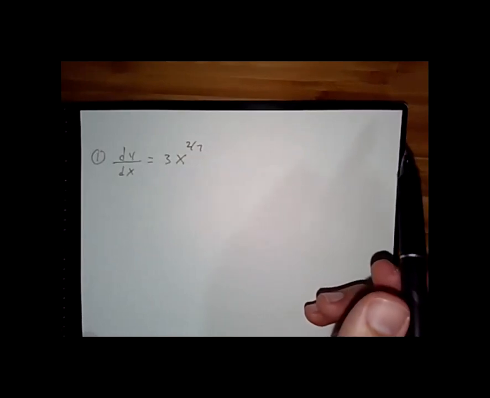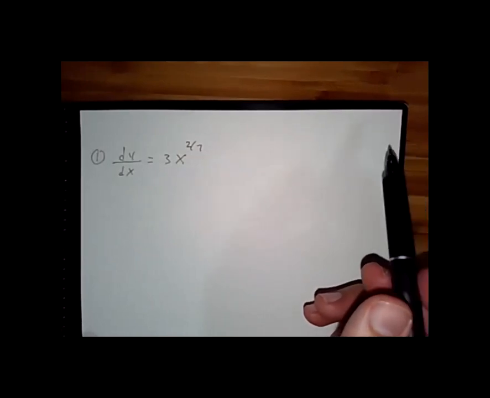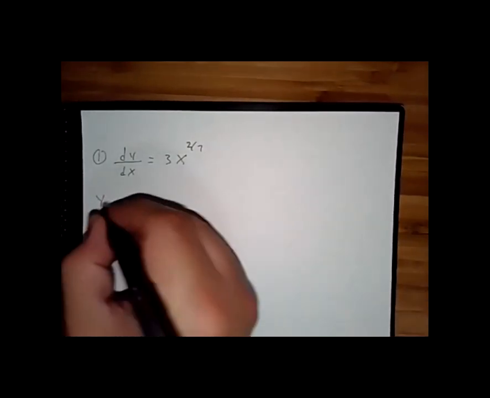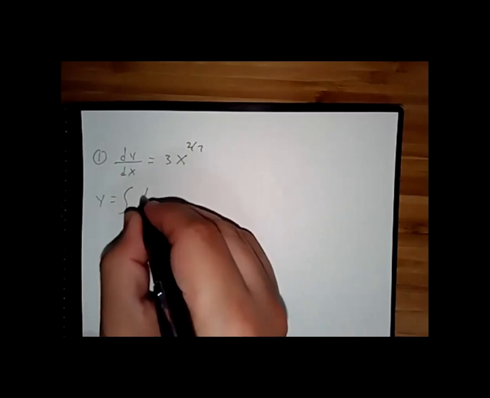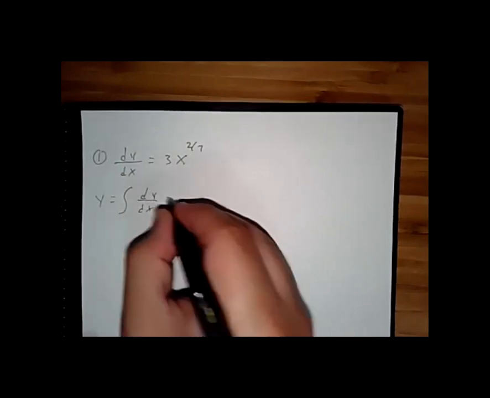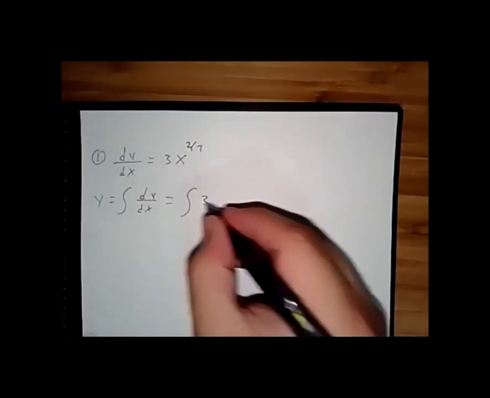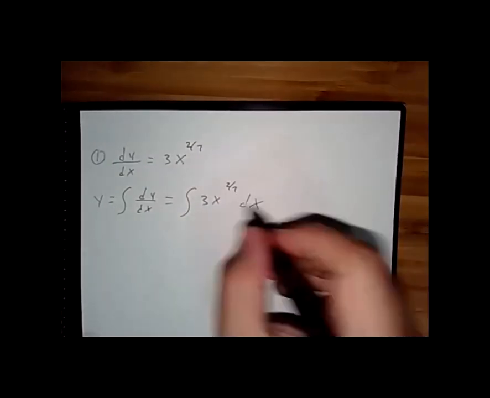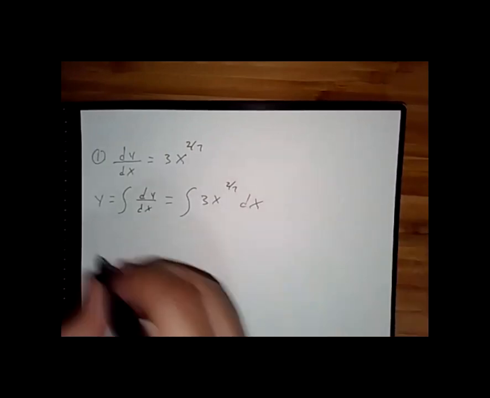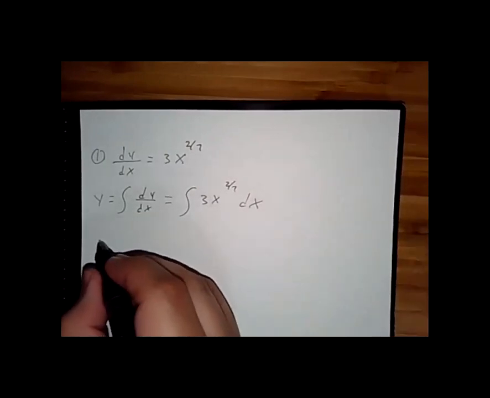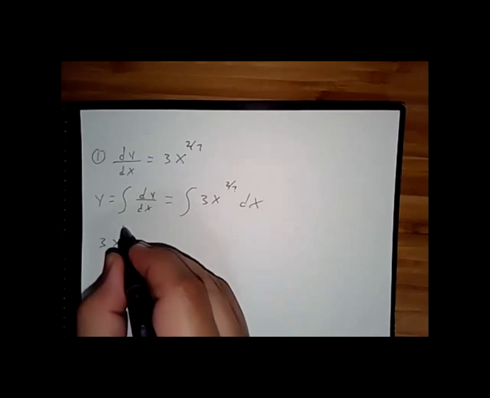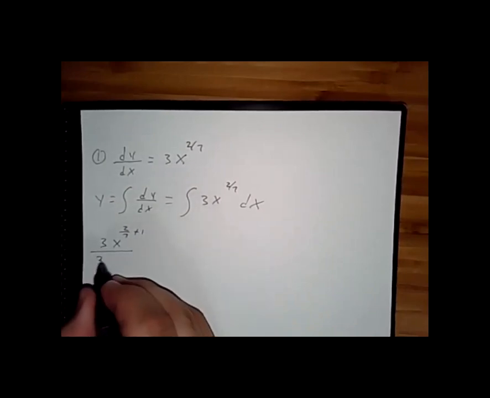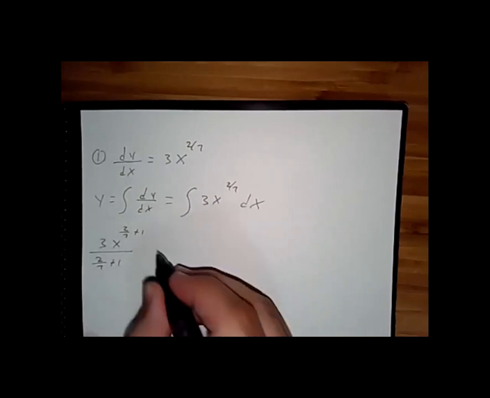So they're asking you to find the general solution, meaning they want to find y. So y would be equal to the integral of dy dx. In other words, integrate this function with respect to dx. That's what y is going to be. So that integral is going to be 3x to the 2/7 plus 1 over 2/7 plus 1 plus your c.